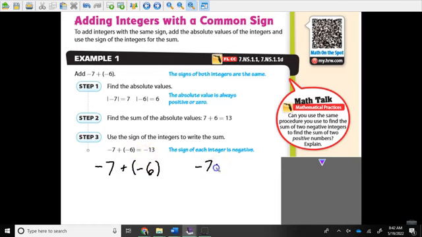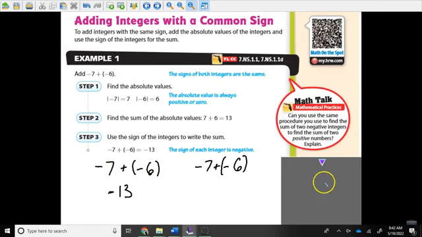That's because we don't want to have two signs next to each other, like this plus sign and this negative sign, so they will separate it with the parentheses. Okay? That's why the parentheses are there. So, what they're telling you is find the absolute value of -7 and -6, which is just 7 and 6. So the way I see it, just take 7 plus 6, you get 13, and then they're both negative, so you know that this answer is negative.